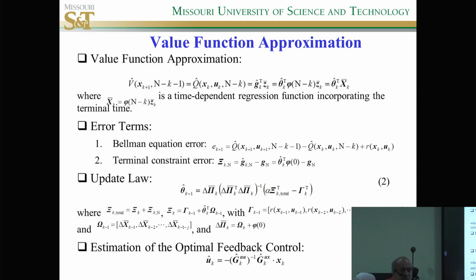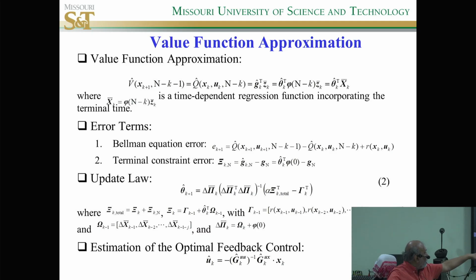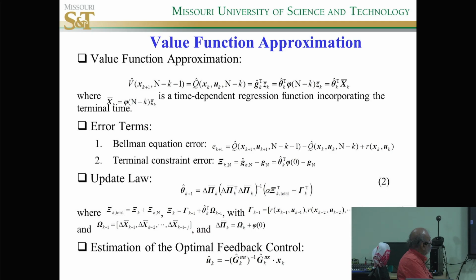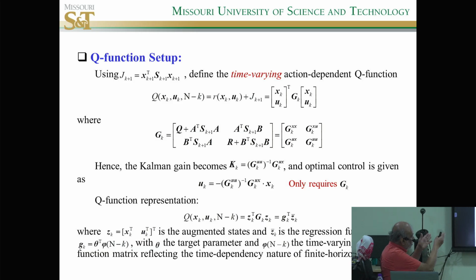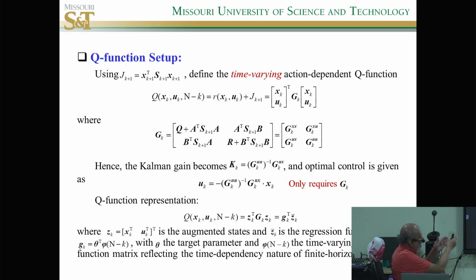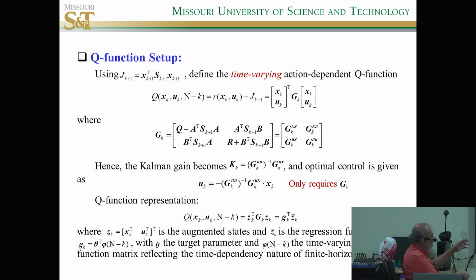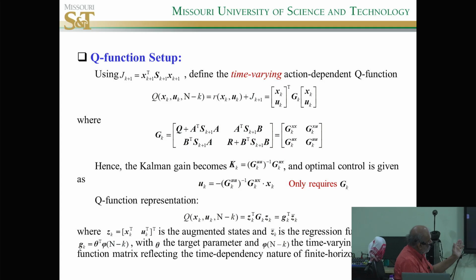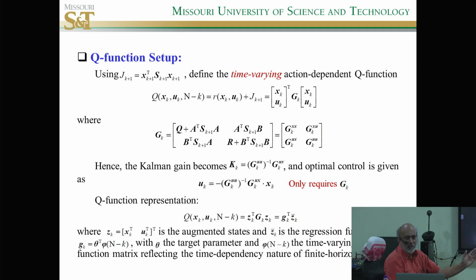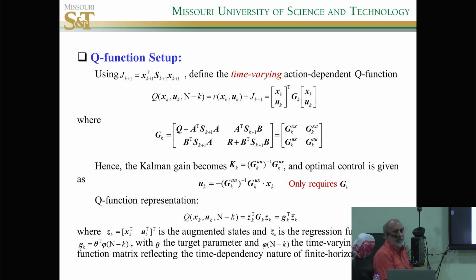Any other questions? So you see how I formulated that. Originally we took that matrix. We need to construct the matrix, so that gk xx, gk xu, gk ux, gk uu, and the Kalman gain kk essentially is the inverse of gk uu, which is the second row, the last element, multiplied by the gk ux, the first element.